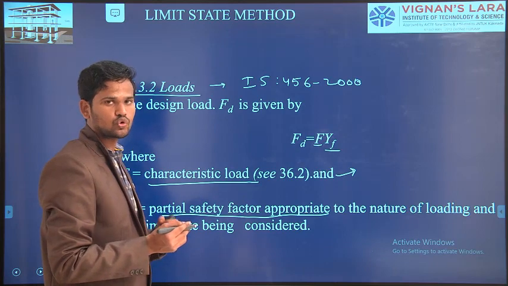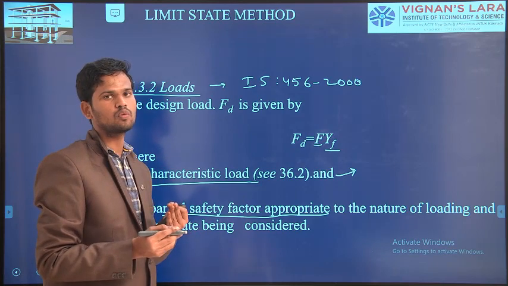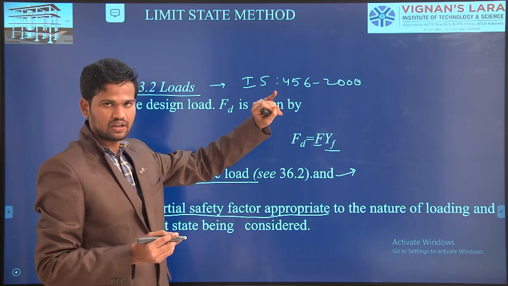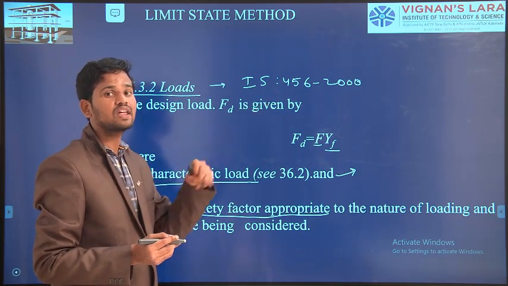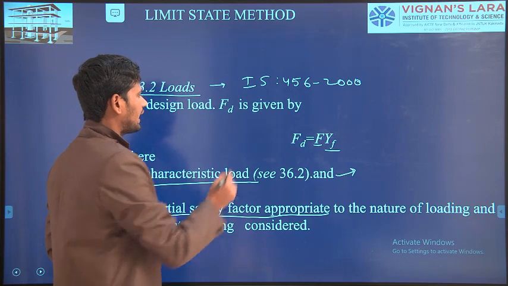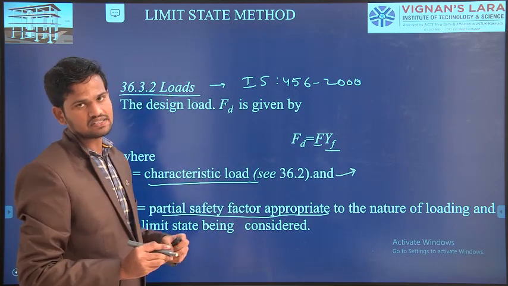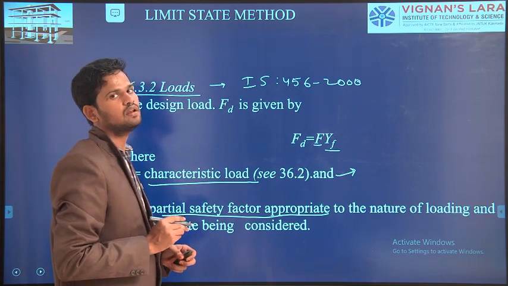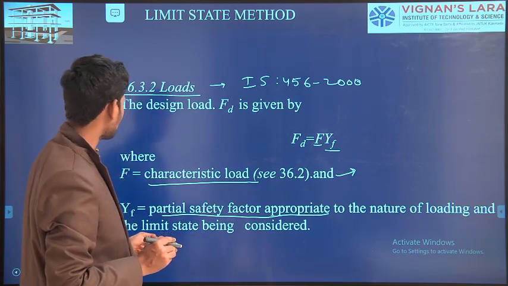Based on those code books we will consider the characteristic load based on the loading condition as well as the type of the load. And gamma F is the partial safety factor we are taking based on codal provisions.